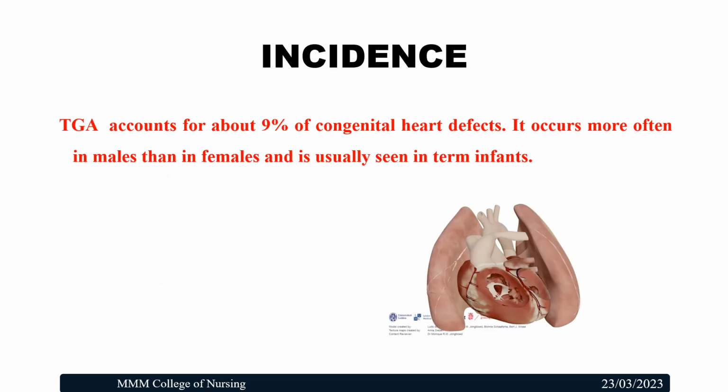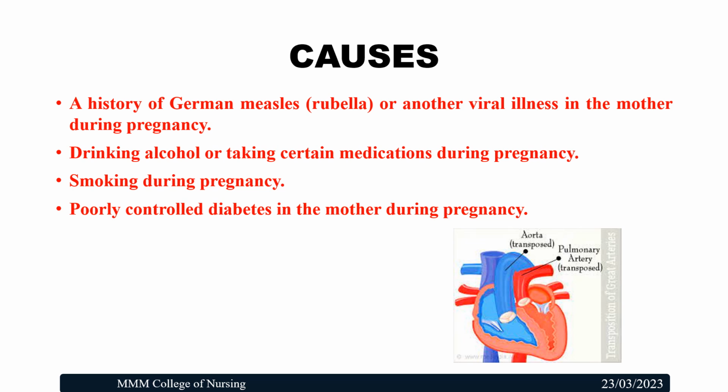Next, coming to the incidence, transposition of great arteries accounts for 9% of congenital heart defects. It occurs more in male babies than in females, and it is usually seen in term infants.